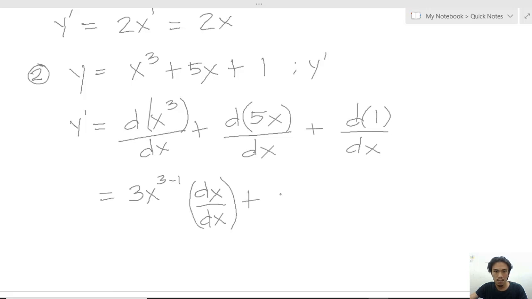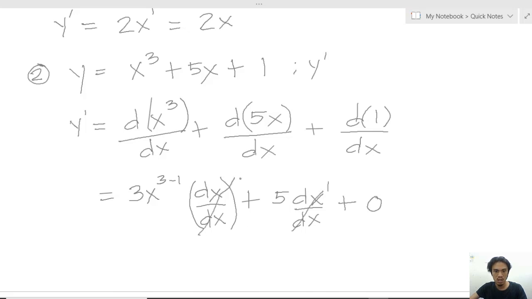plus, using the formula, this is equal to 5 times the derivative of x with respect to x, plus the derivative of a constant with respect to a variable, which is equal to 0. dx over dx is just 1.